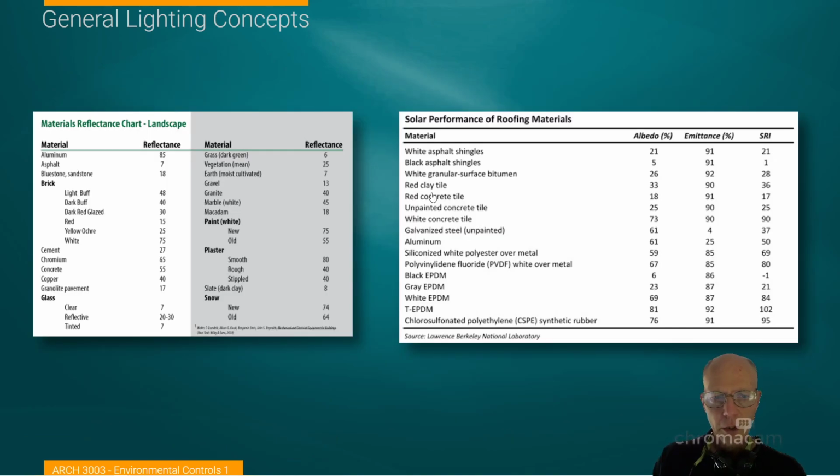So enough on specular and diffuse reflection, but materials have coating systems on them that control how much light gets reflected off of them. One of the most important, so these are some general charts. So we have reflectivity for landscapes, for the materials that we might place in a landscape. Many times we're discussing this idea of reflectivity on the exterior to reduce the amount of heat that gets formed on surfaces.